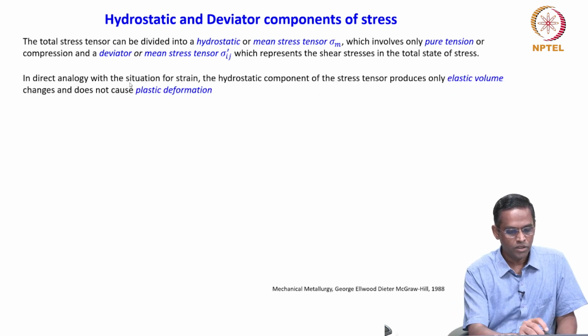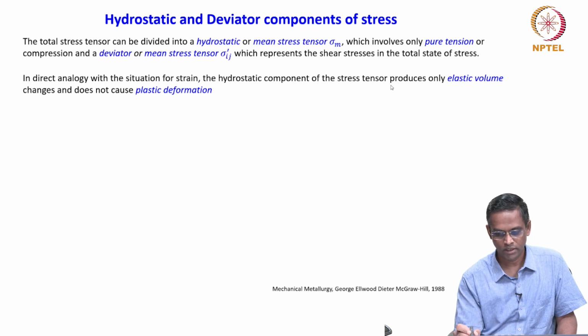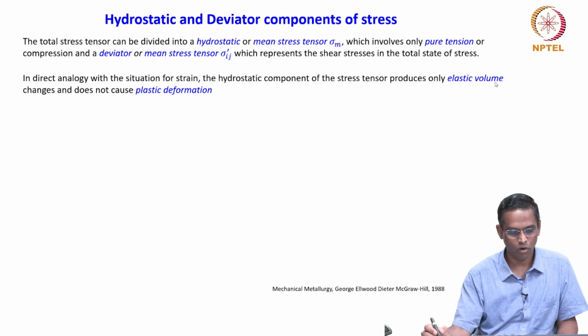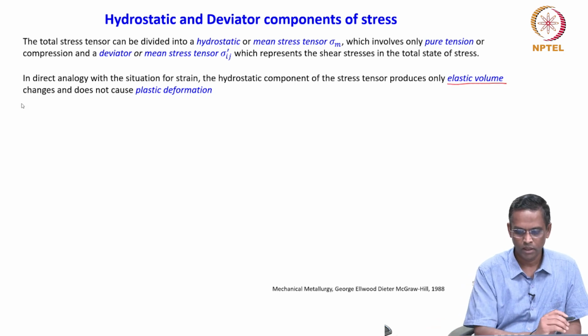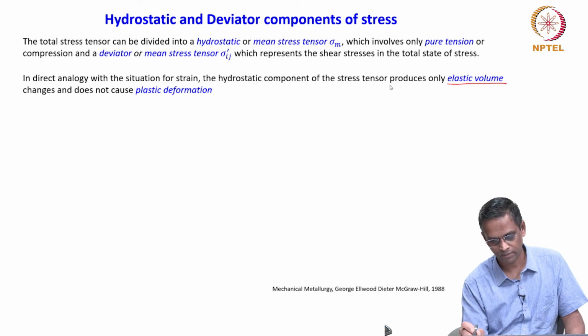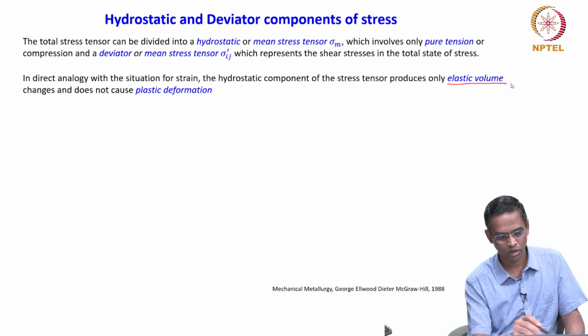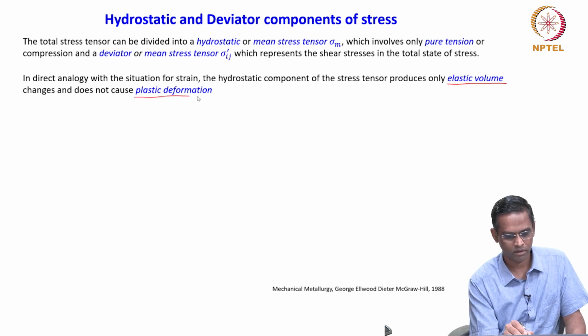In direct analogy with the situation for strain, the hydrostatic component of the stress tensor produces only elastic volume change. So, this is to be noted. The hydrostatic component of a stress tensor produces only elastic volume change and does not cause plastic deformation.